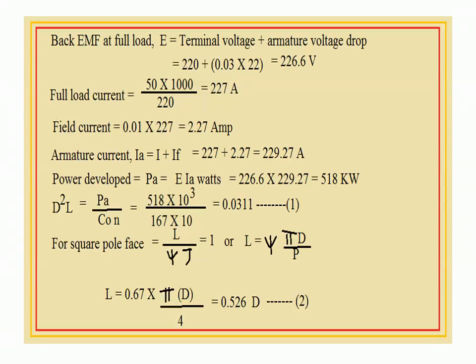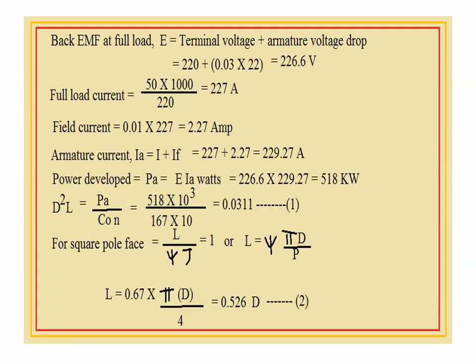Back EMF at full load E equals terminal voltage plus armature voltage drop. Terminal voltage is the output, the same thing, 220. Then armature voltage drop is given as 3%. 3% of 220, we are going to get around 226.6. That means the armature back EMF, Eg, is greater than terminal voltage.